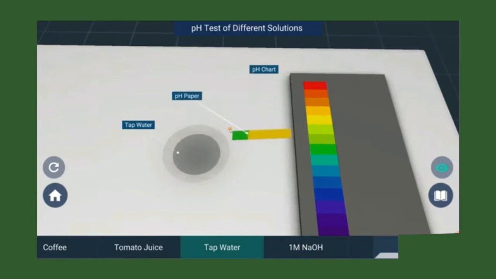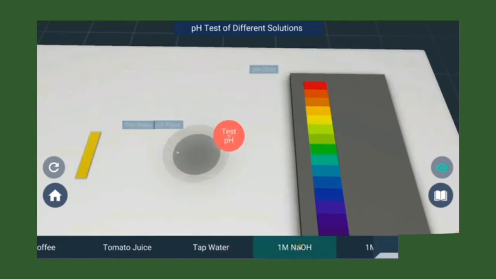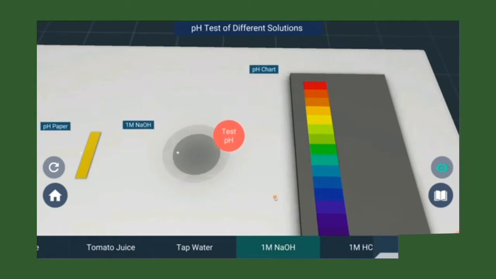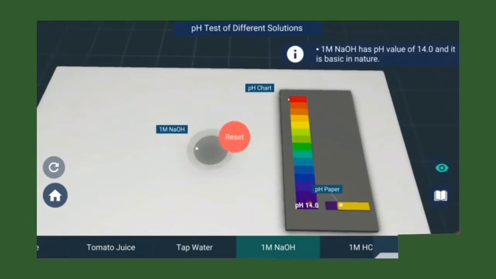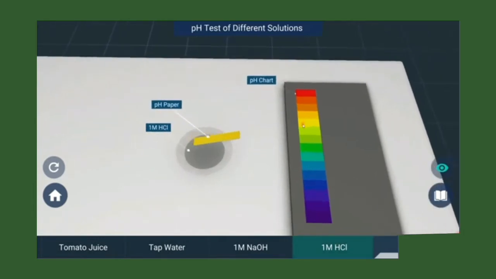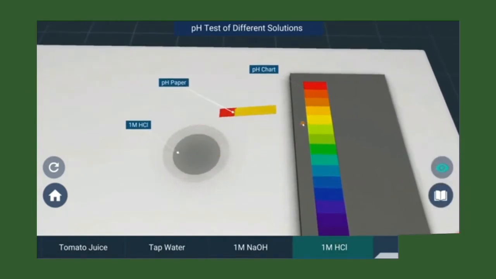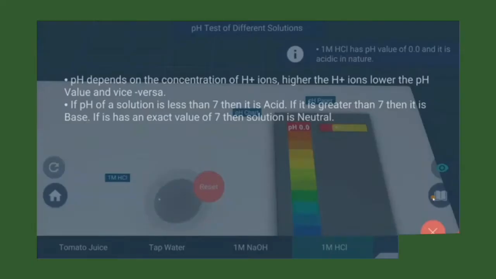Whereas tap water has the pH value 7 and it is neutral. 1 mole of NaOH solution has the pH value 14, which is very basic in nature. And 1 mole of HCl, that is hydrochloric acid, has the pH 0. It's very acidic in nature.